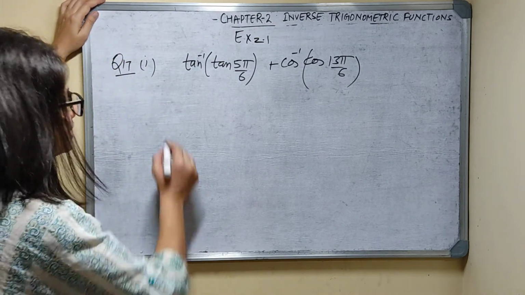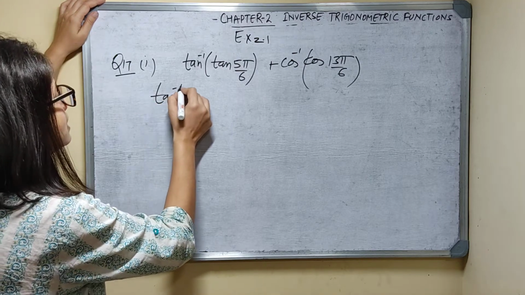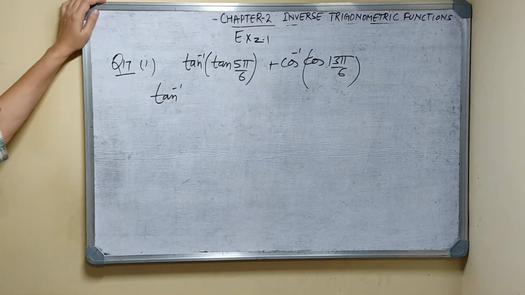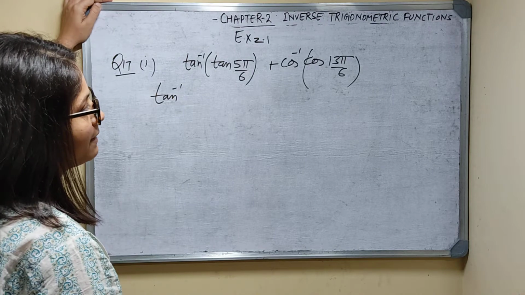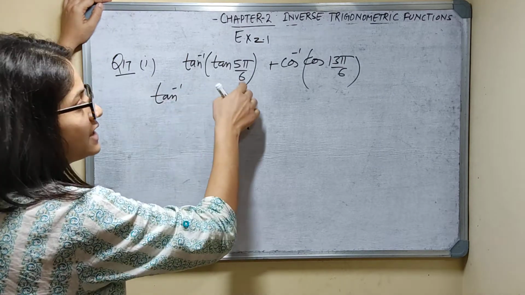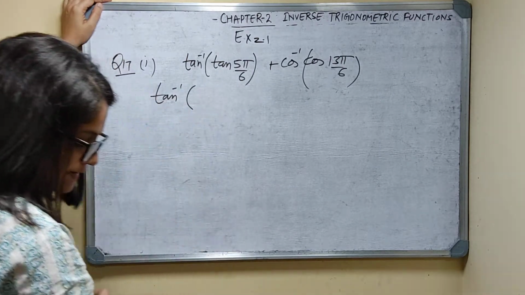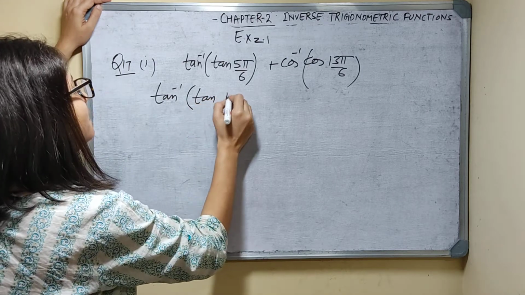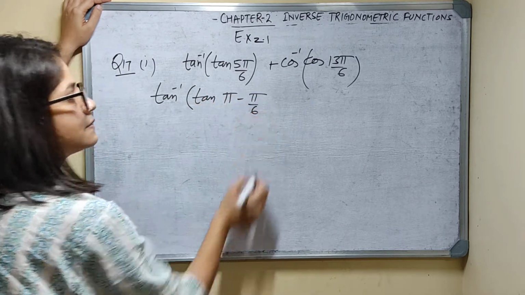So how will I write? Tan inverse tan 5 pi by 6. For tan 5 pi by 6, I am writing tan of pi minus pi by 6.